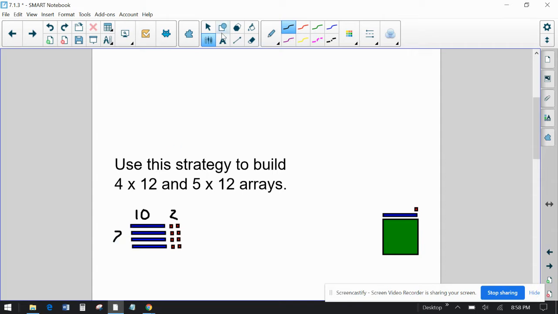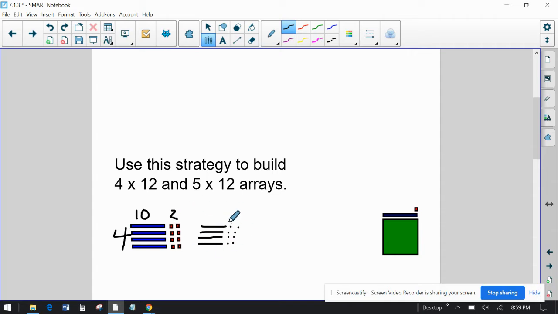Started to write the wrong number. All right, it's a 4. There's 4 rows. So 4 rows of 12. If we wanted to draw a picture of this, it would look like this. I don't know about you, but if I had to solve a multiplication problem, I don't really carry base 10 blocks on me too often, and I don't always have access to a computer.